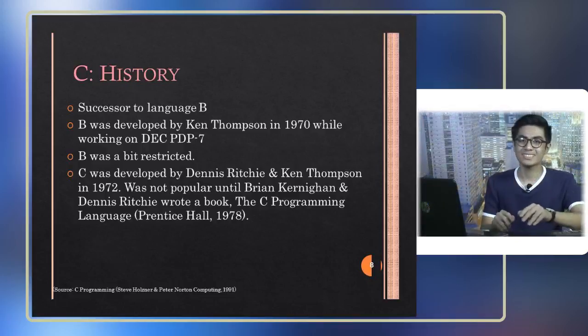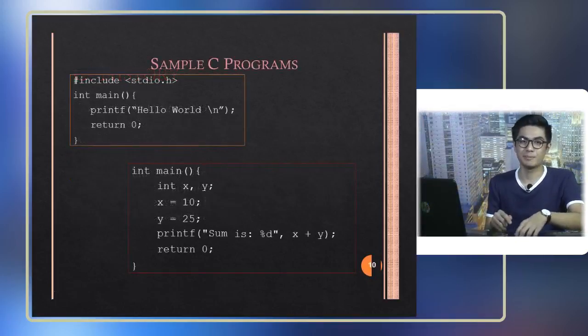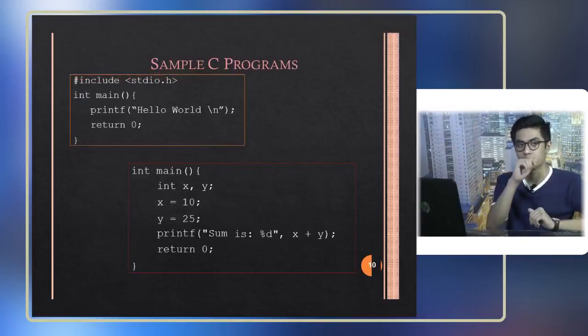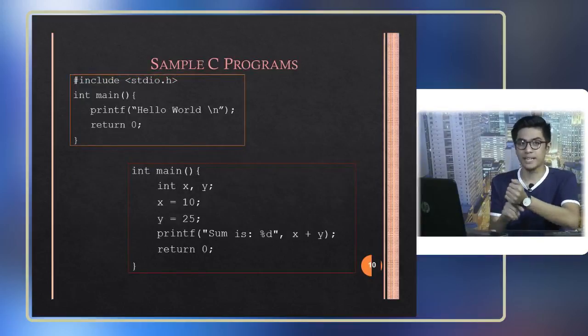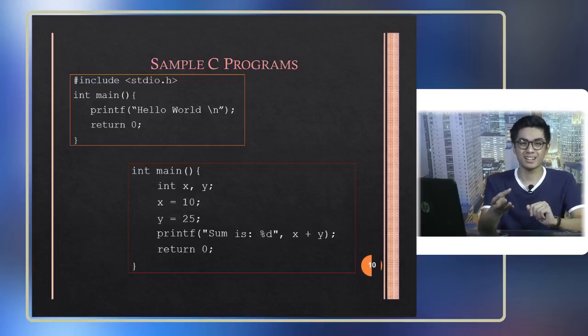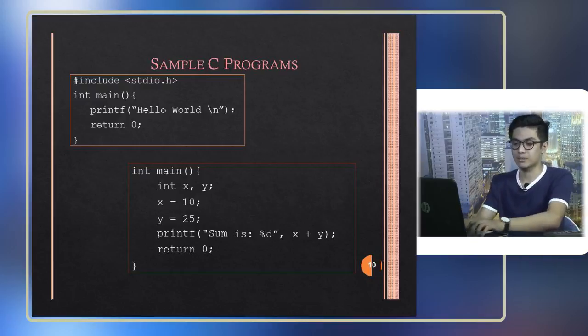Okay, so now let us tackle these sample C programs right here, so we could better understand C programming. So let us tackle the basics first, which is the printf. The printf basically just prints whatever you type in the command into the console. So for example, let us type it right here.